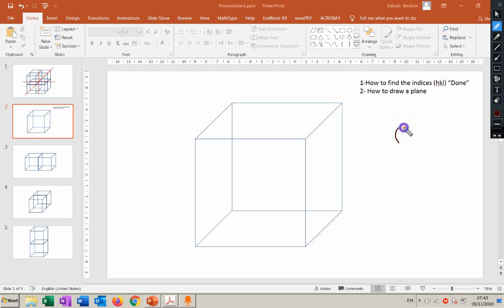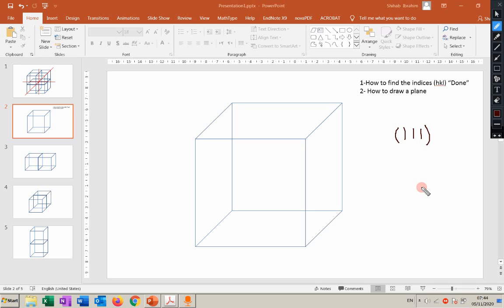So let's say I have 1, 1, 1, a very easy plane to see how we're drawing it. Remember this information: if for the plane you have three indices and none of them is zero, it means the plane will be a triangular plane.